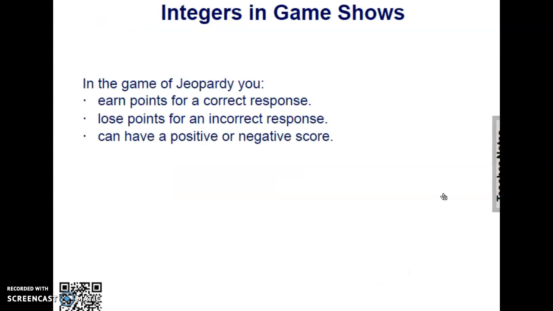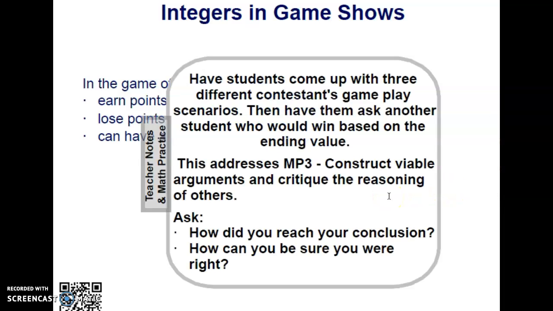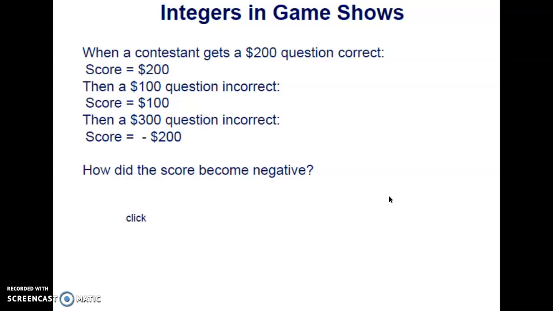In the integer lesson, we're going to play a quick little game show. In the game of Jeopardy, you earn points for a correct response, you lose points for an incorrect response, and you can have a positive or a negative score. When a contestant gets a $200 question correct, the score is 200. Then a $100 question incorrect, the score is 100.